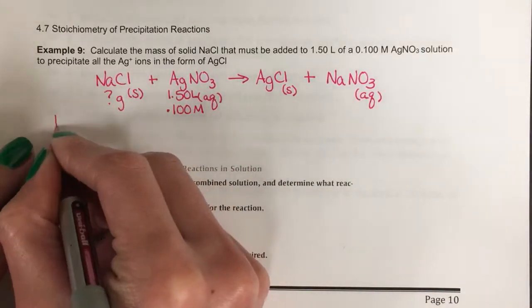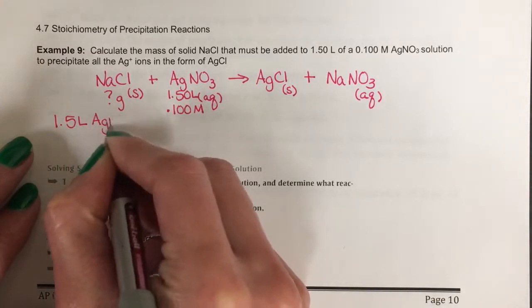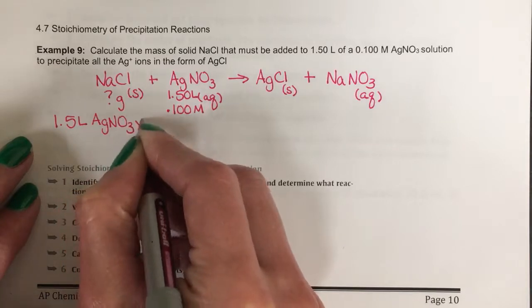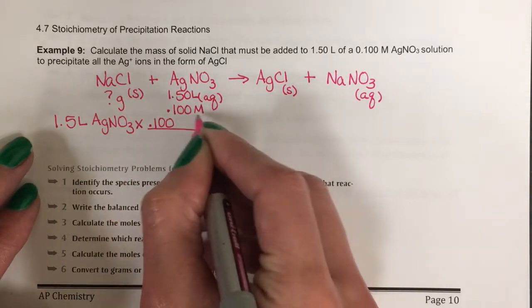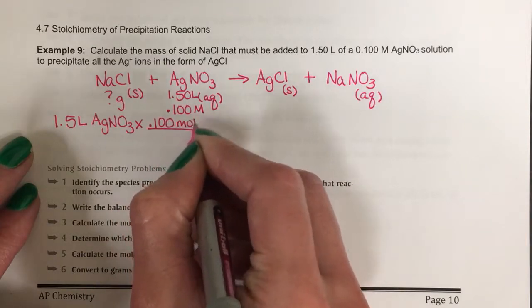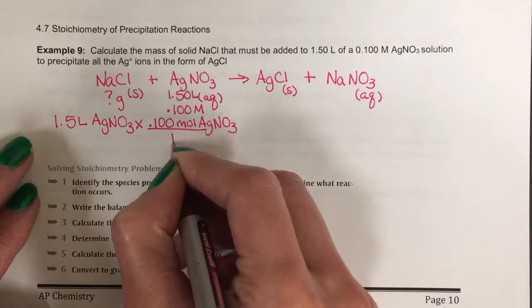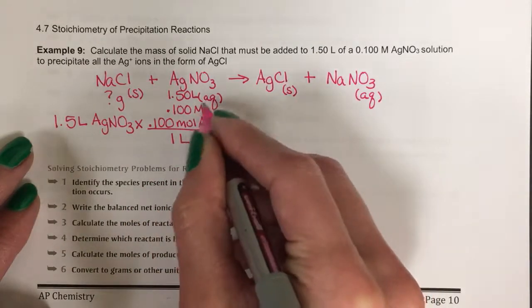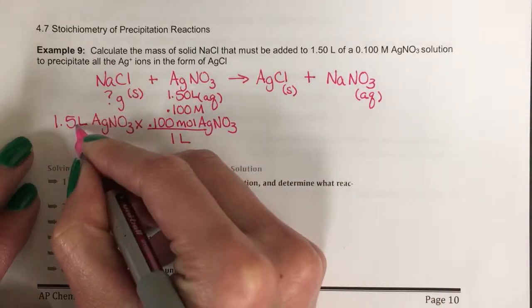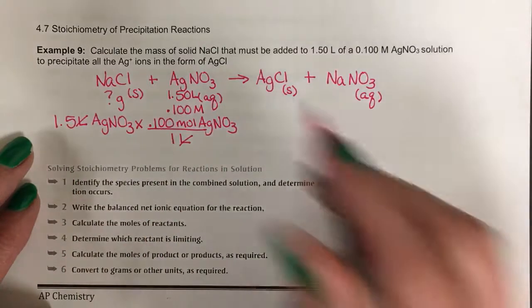So it looks like this. 1.5 liters of AgNO3 times 0.100 molar, that's moles, of AgNO3 for every 1 liter. Moles per liter is molarity.